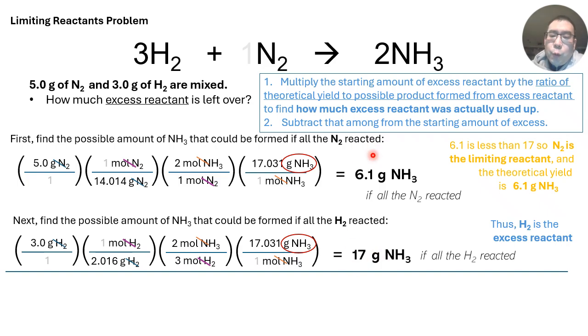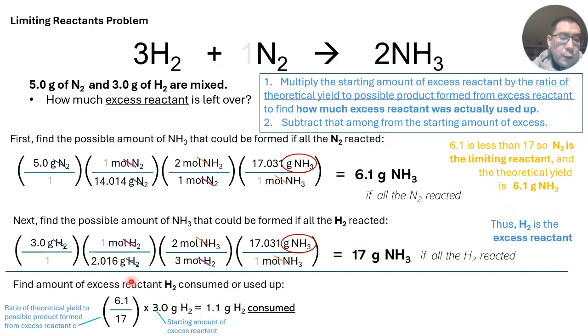So 6.1 over 17, the theoretical yield over the possible amount made by excess. And so we do 6.1 over 17, right? That's the ratio here, times 3.0 grams. That's the starting amount of excess. And when we do that, we get the amount that's consumed, 1.1 grams.